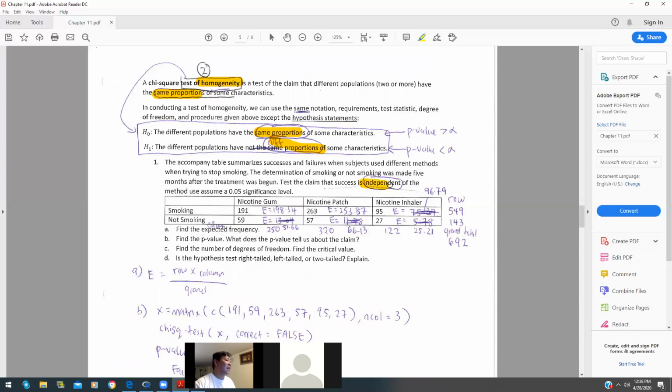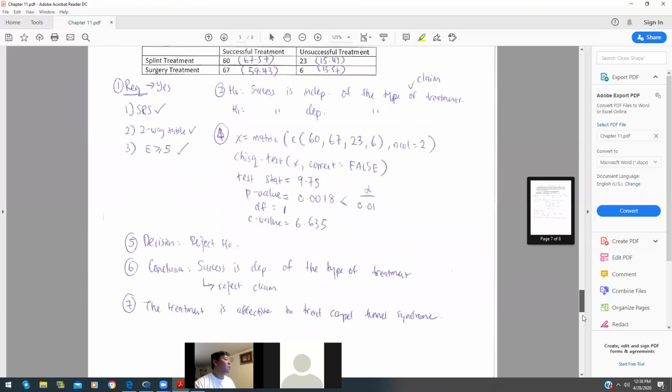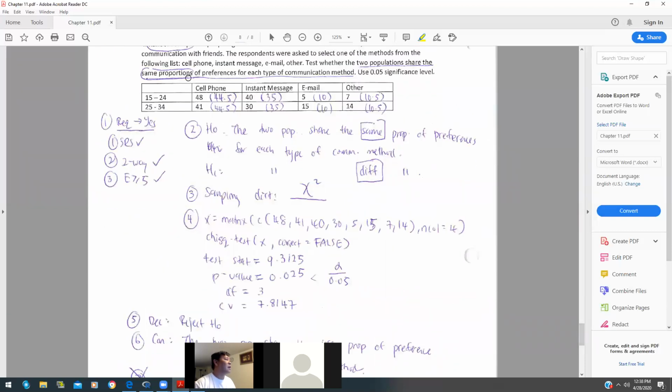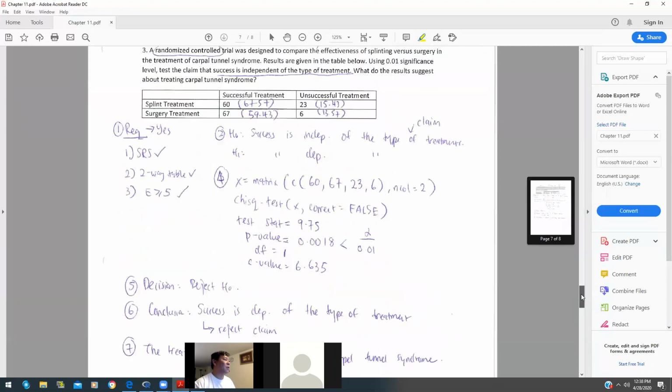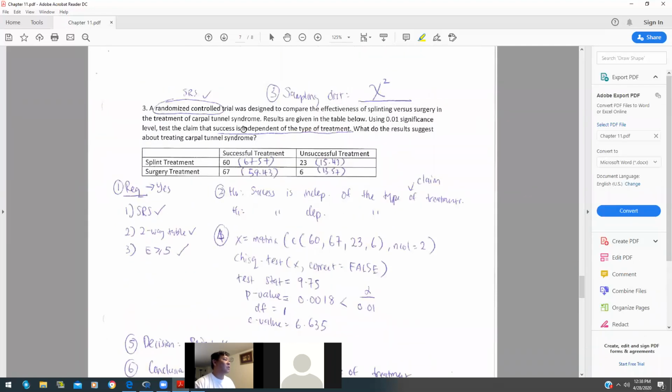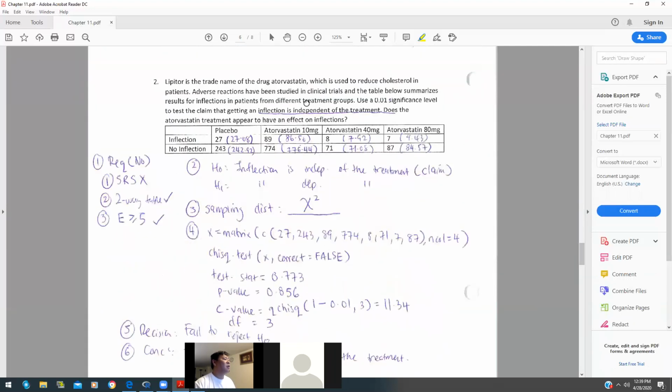They will use the word independent if you want to test for independence, and they will use the words same proportion if it's a test of homogeneity. So it's very straightforward on your test: either you see the word independent or you see the words same proportion.